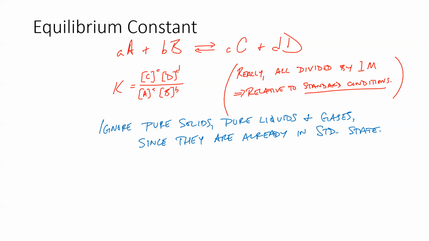And so this is why we end up with a unitless equilibrium constant, because we divide through by 1 molar. And then you have molar over molar, and the units cancel out.